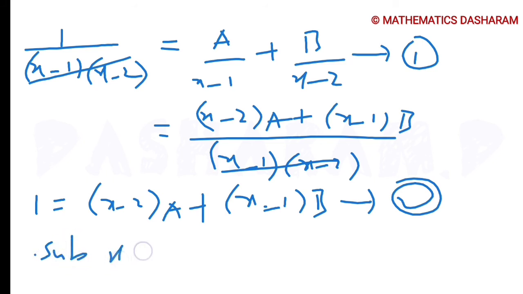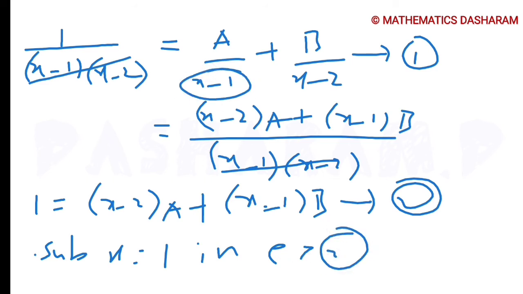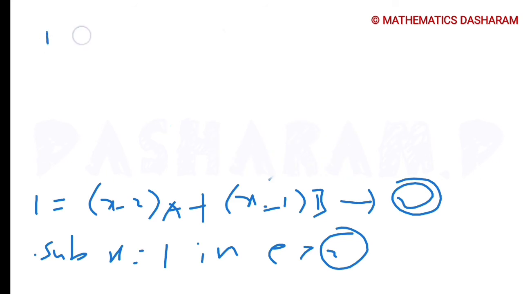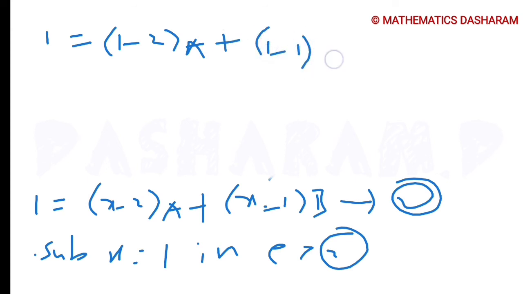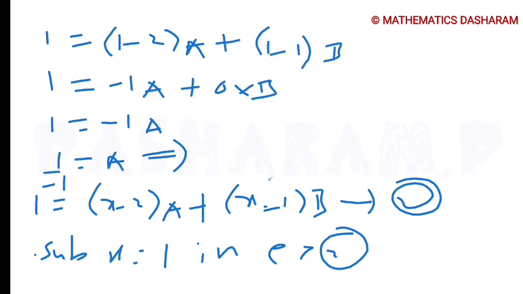Substitute x equals 1 in equation 2, because here the denominator is x - 1, so x equals 1. So 1 equals (1 - 2) into a plus (1 - 1) into b. So here a equals -1.